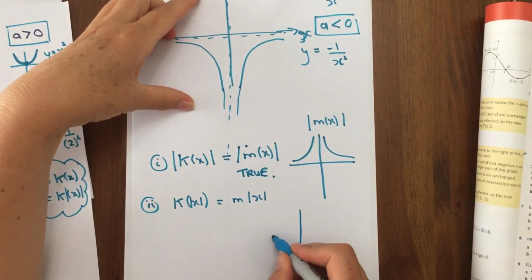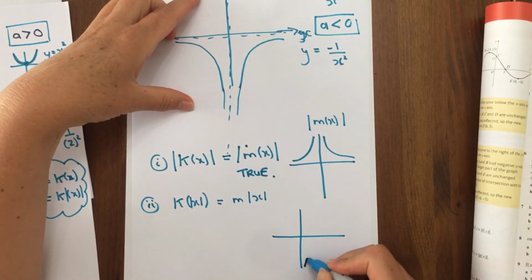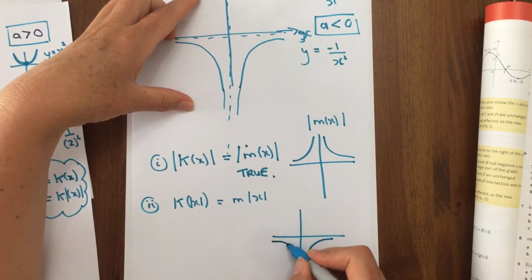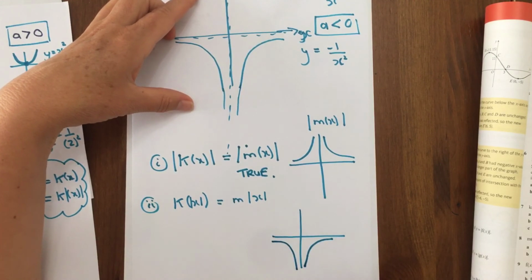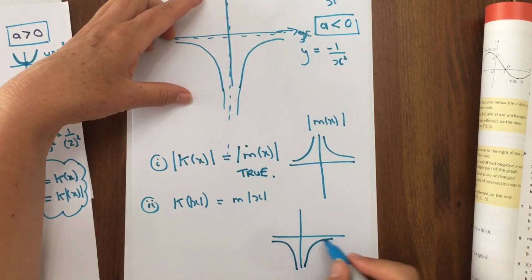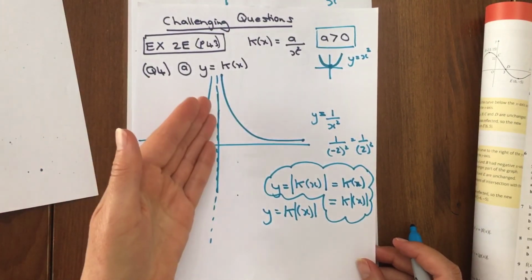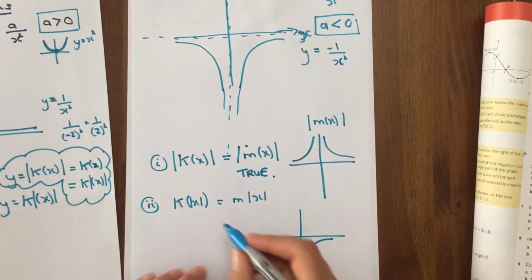So this is my m graph, I keep everything for positive x the same, and I reflect it about the y-axis. That's not the same as my original k of x. So no, this is false.